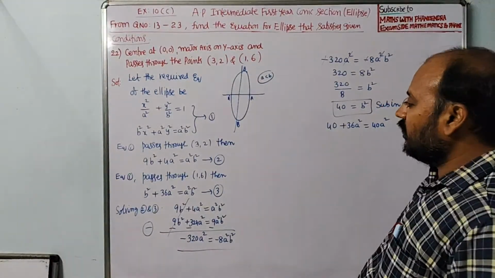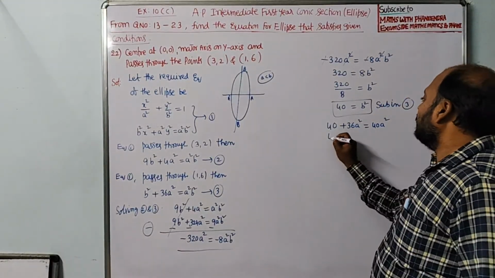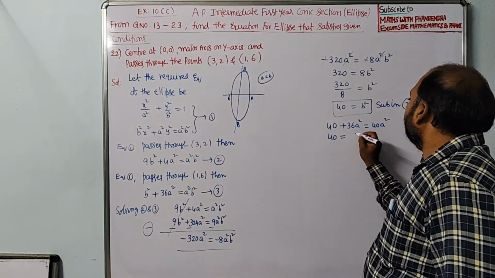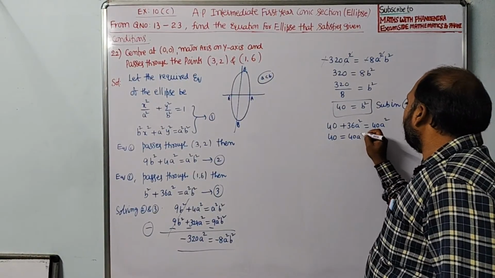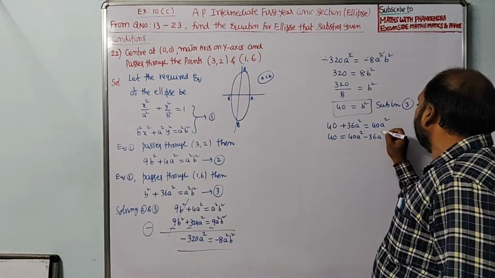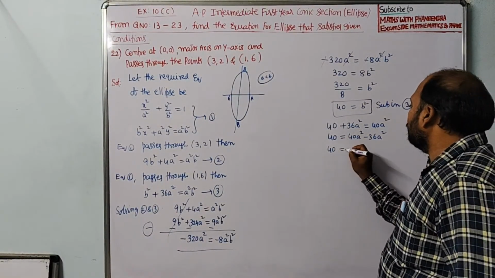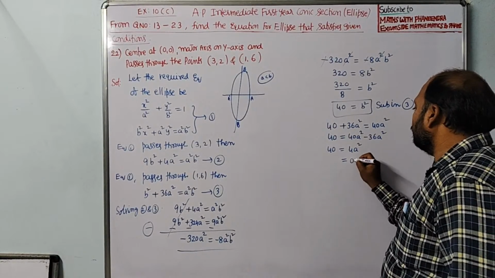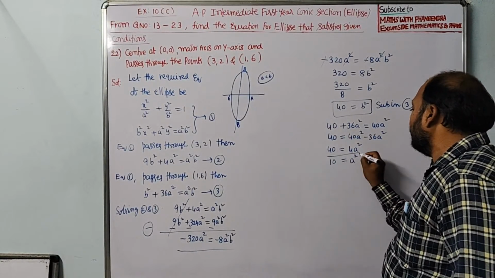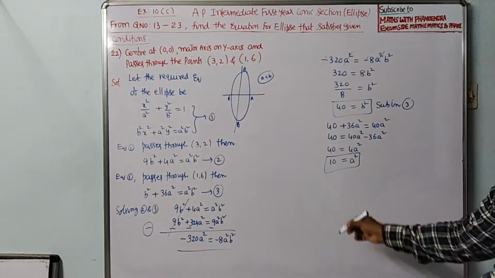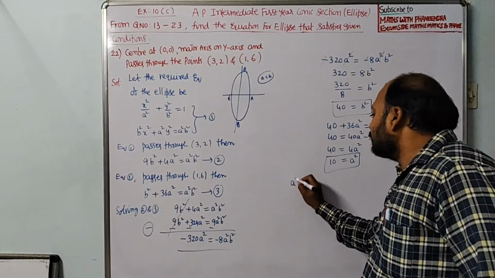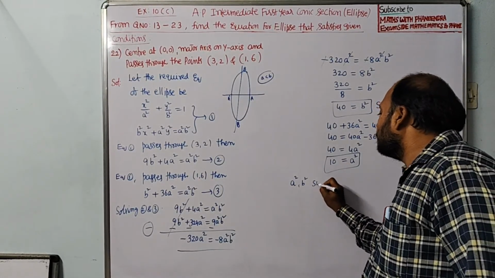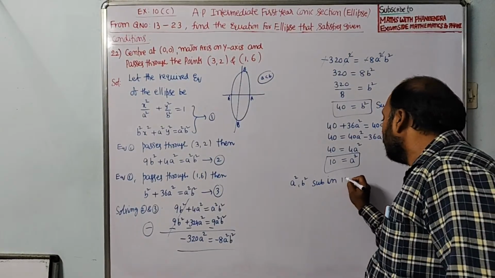B square is equal to 40 into a square. So this value, bring inside. 40 is equal to 40a square minus 36a square. So 40 is equal to 4a square. So a square is equal to 10. So a square value, b square value, a square comma b square, substitute in equation 1.